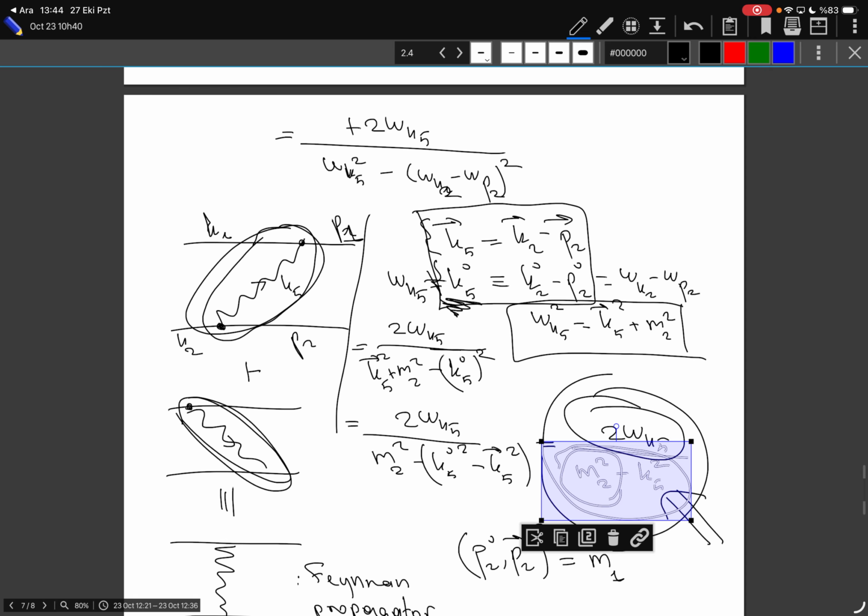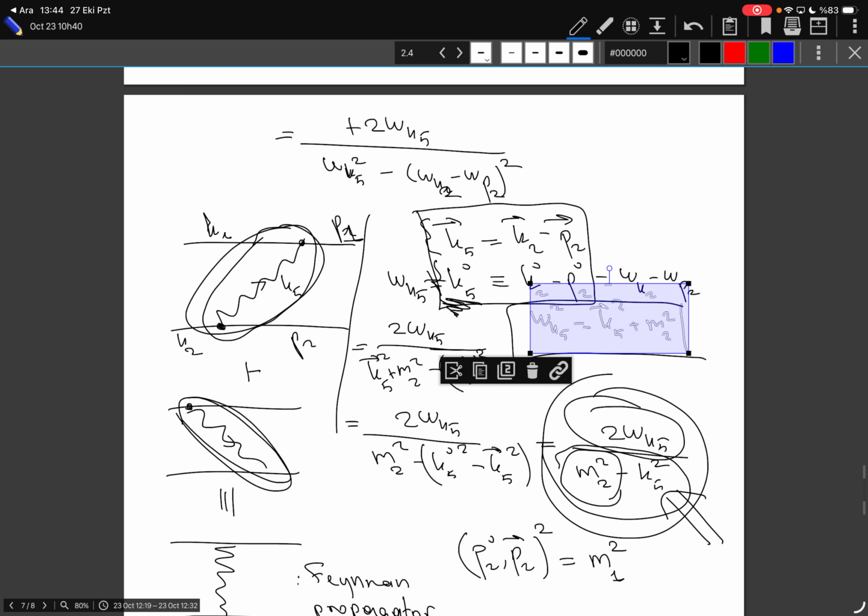But this 4-vector k5, you see, my particle has an energy, what we call omega k5. This is my omega k5, which is the free momentum squared plus the mass squared. So if you would calculate omega k5 squared minus k5 squared, you always get m2 squared.